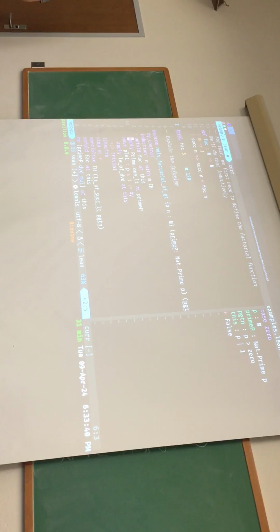We use that at prime p. Now prime p is Nat.Prime p, which means that p is a prime. We use the theorem that for every prime p, 1 is less than p, on the fact that p is a prime. So that gives us the fact that p is greater than 1.